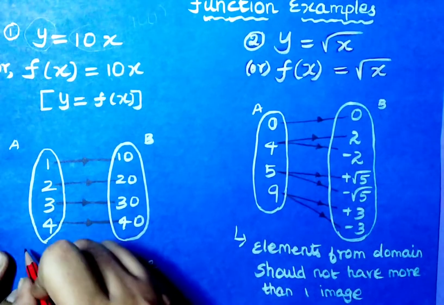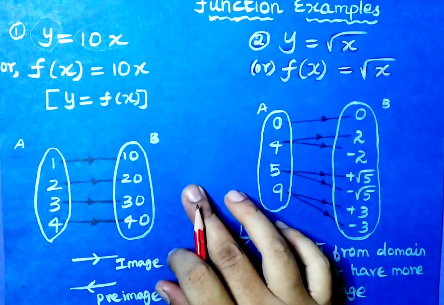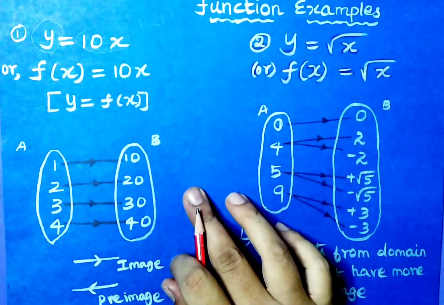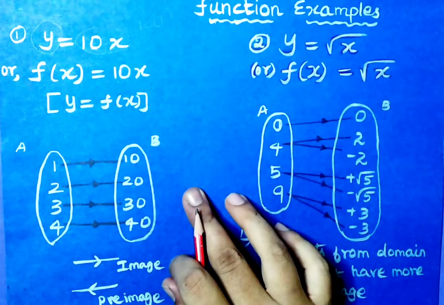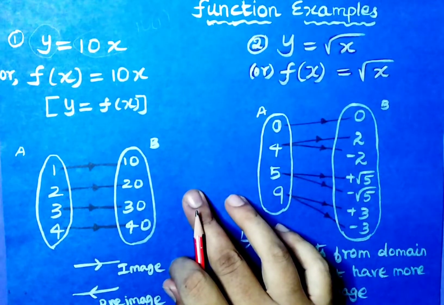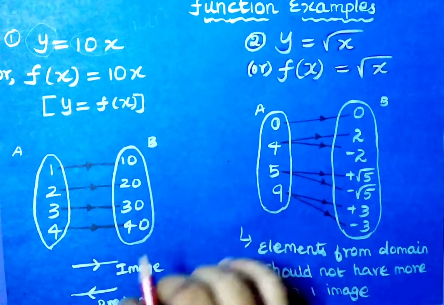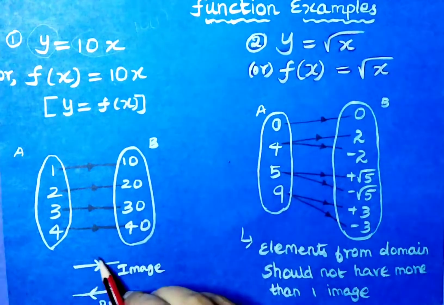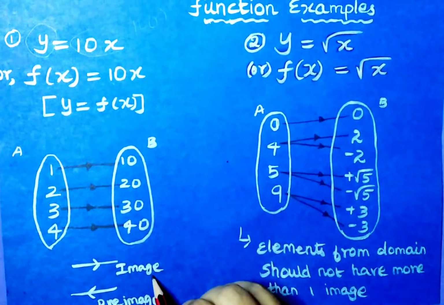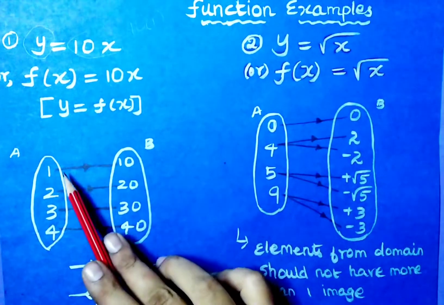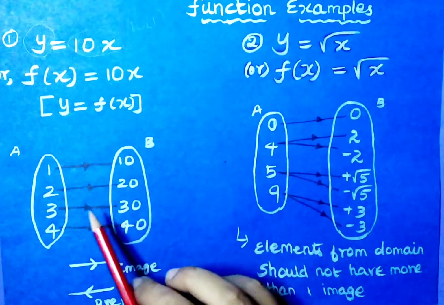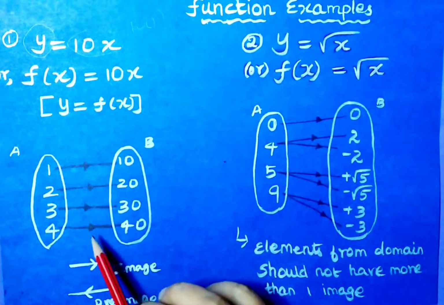Correspondingly map. This is by the arrow diagram. If you are looking in a mirror, from where we are standing, we see the image of ourselves, isn't it? So from domain to codomain, 10 is the image of 1, 30 is the image of 3, 40 is the image of 4.